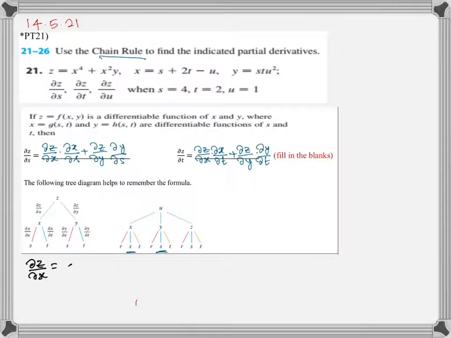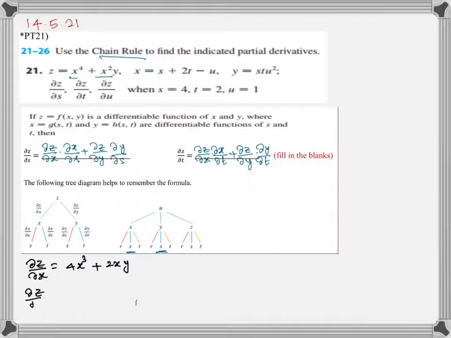Right? So ∂z/∂x equals, now you are differentiating partially with respect to x, and then we consider z from here. Then you keep y as a constant. So you differentiate with respect to x. So it's 4x cubed plus 2xy.